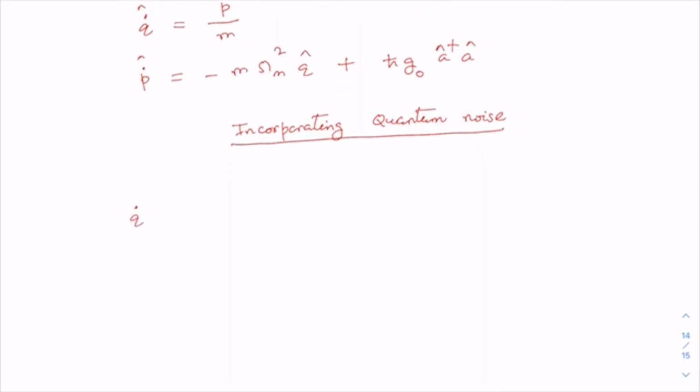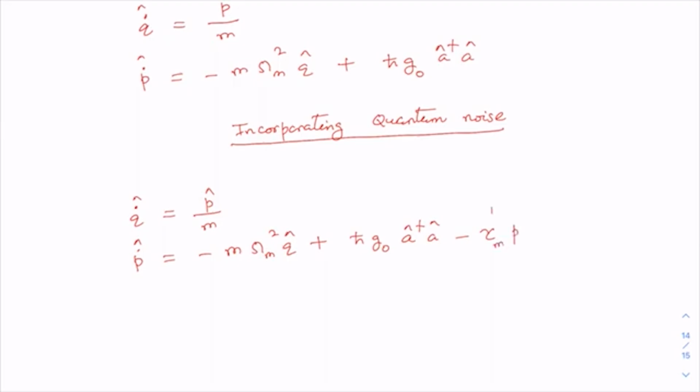We have q dot is equal to p by m. We have p dot is equal to minus m omega m square q plus h cross z0 a dagger a minus, now say the mechanical oscillator has damping, represented by some gamma m.